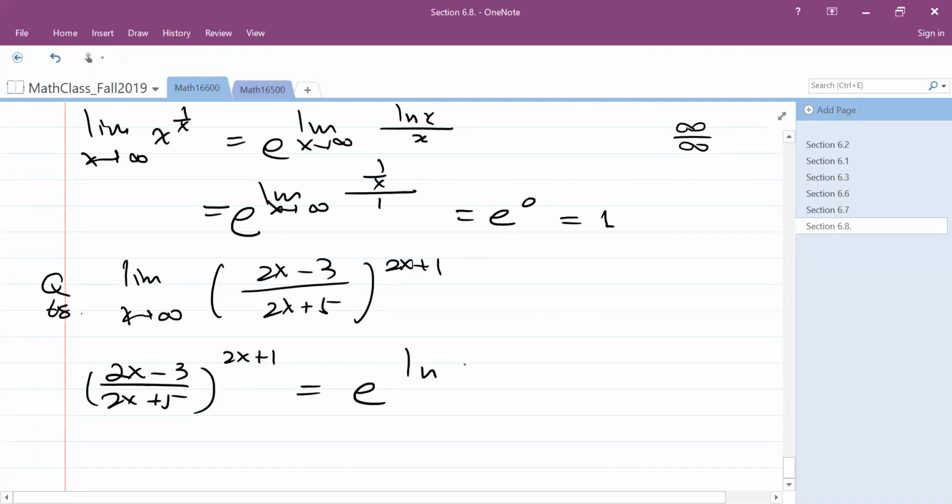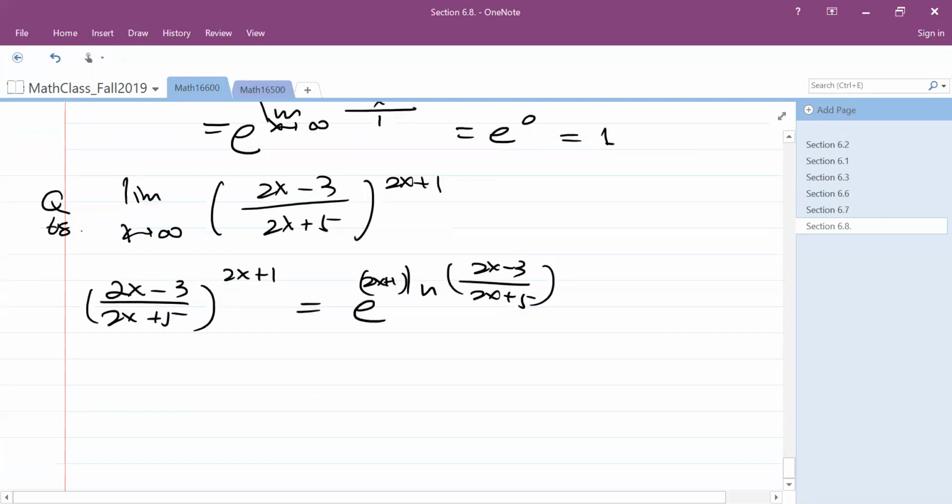So (2x minus 3) over (2x plus 5), and you have the power here. You can move the power down to here, 2x plus 1. Then we still have a problem, right? How do you find the limit of this new power? I think we can do that.